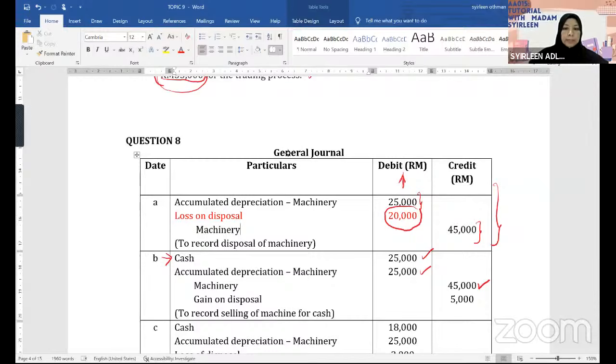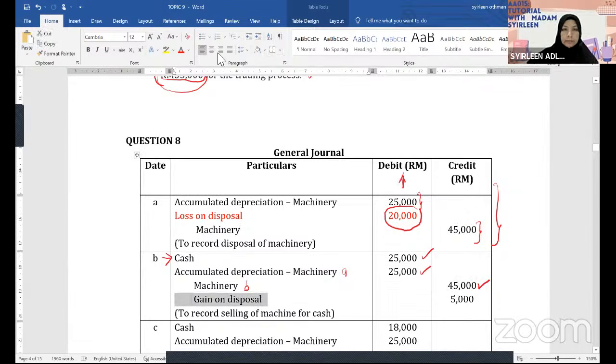Okay, so kalau you nampak dekat sini, catatan untuk A dan catatan untuk B tu mesti ada, sebab bila kita dispose asset, we are actually closing the asset account and the contra for the asset at the same time. Alright, so sekarang kalau kamu tengok, on the debit side kita dah catat the amount of 50,000.